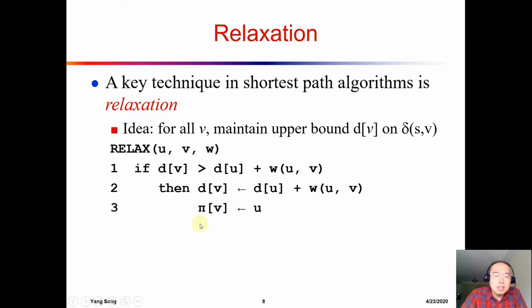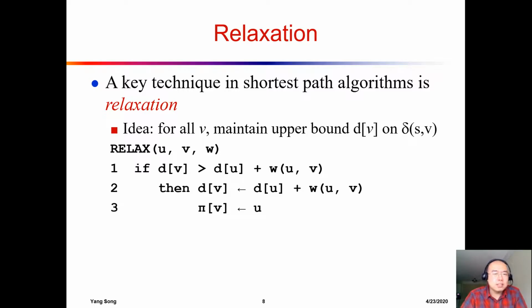And in addition, for V, I'm going to use U as its parent, because getting to U first and then from U to V is the shortest path so far.